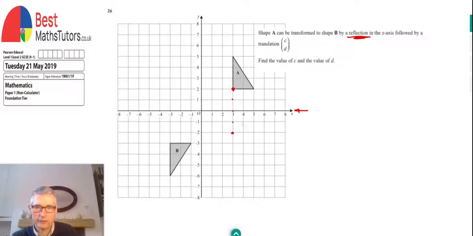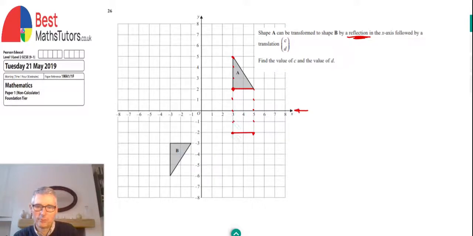So this point here, that corner, goes to there. And if we do it for each one of the corners, so this one moves down by 2, so it's going to move down a further 2 on the other side of the horizontal axis. So that gives us this line. So this line would look like this. And then we just need to know where this point's going to go. Because it's 1, 2, 3, 4, 5 squares to the horizontal axis, it's going to be the same on the other side.